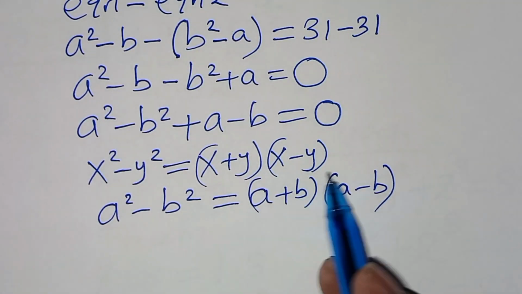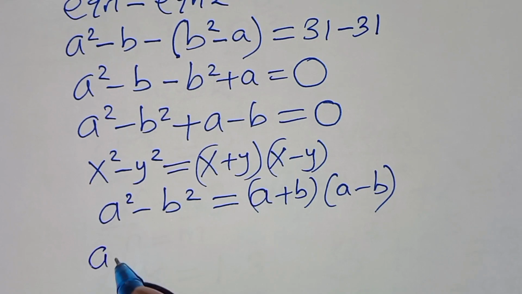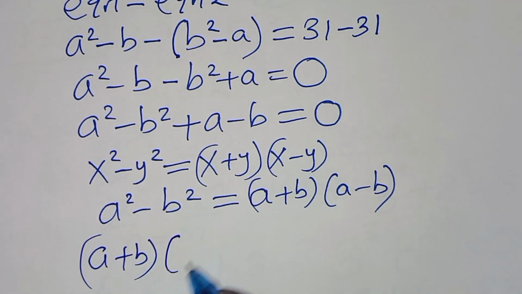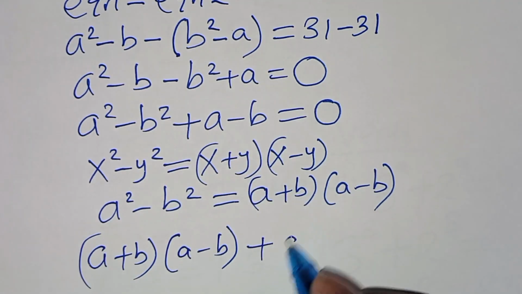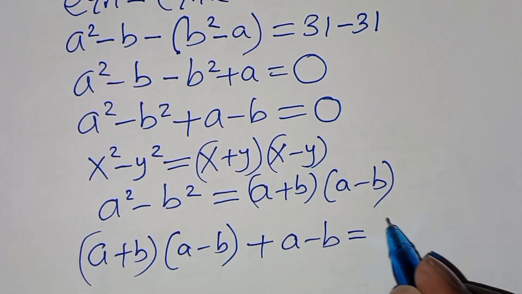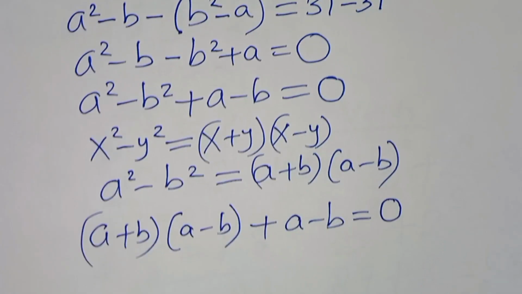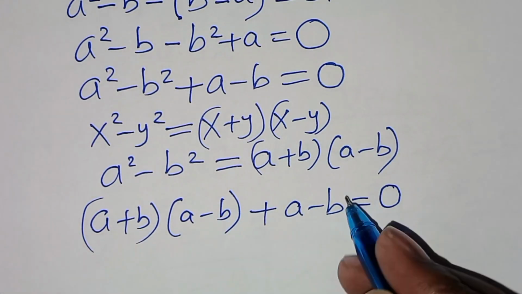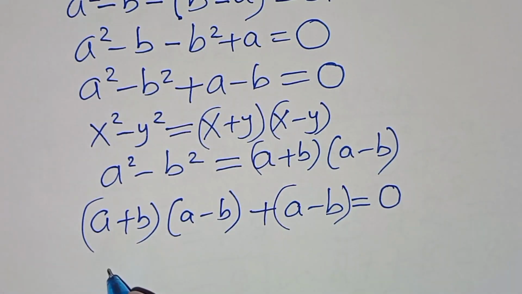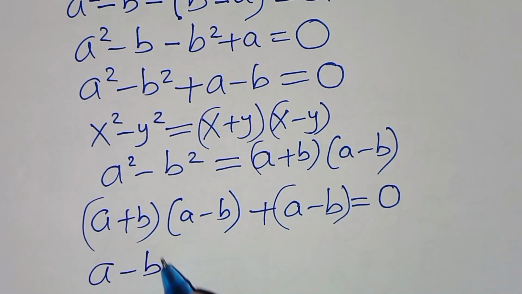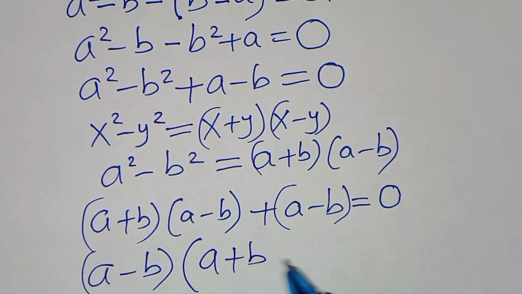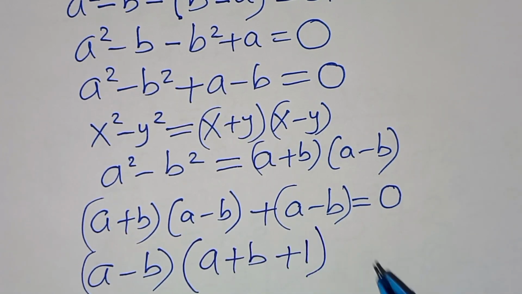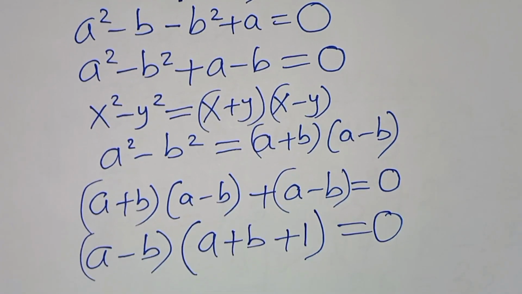So we can substitute here: a plus b, a minus b, then plus a minus b, is equal to 0. So a minus b is common, so we can factor out a minus b. Now here we'll have a plus b plus 1, close the bracket, equal to 0.